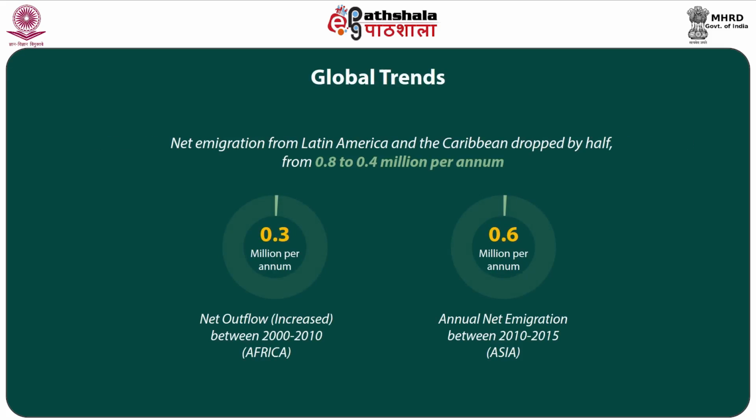Net emigration from Latin America and the Caribbean dropped by half, from 0.8 to 0.4 million per annum. The net outflow from Africa increased from 0.3 million per annum between 2000 and 2010 to 0.6 million between 2010 and 2015.